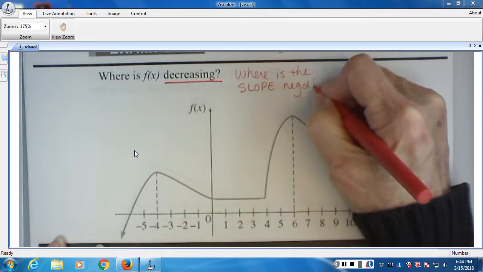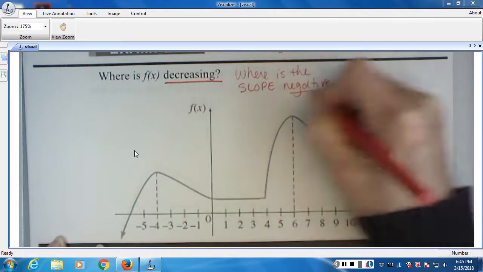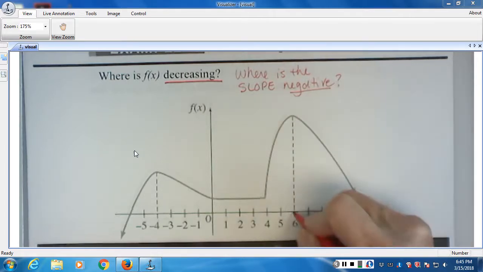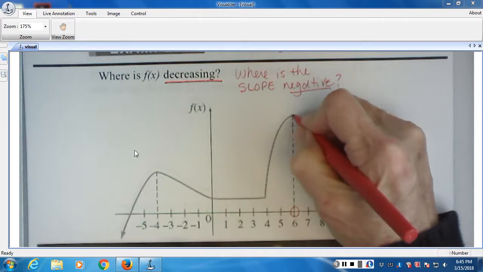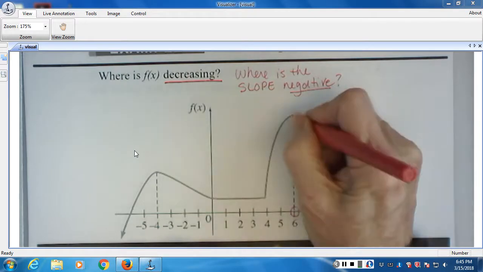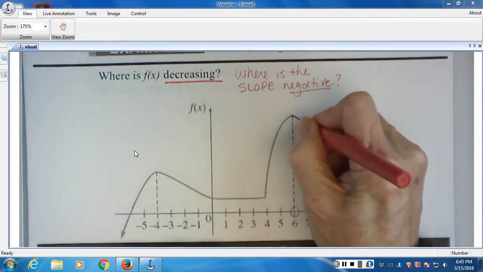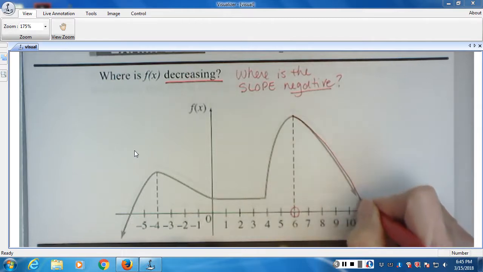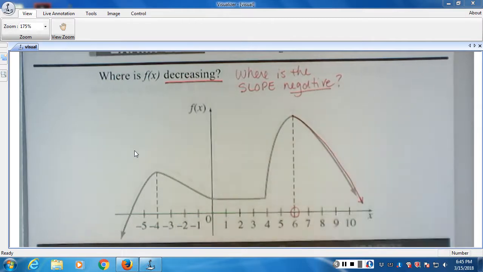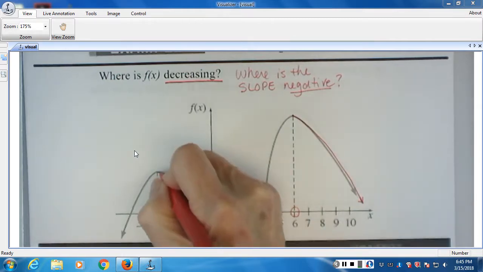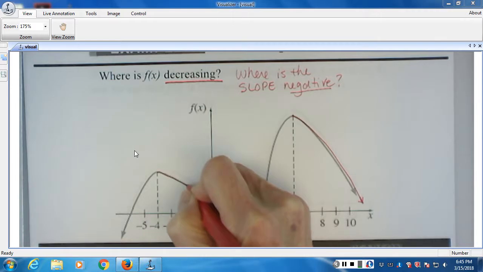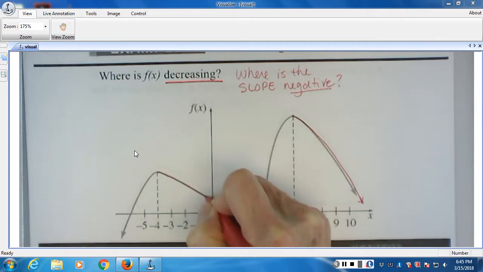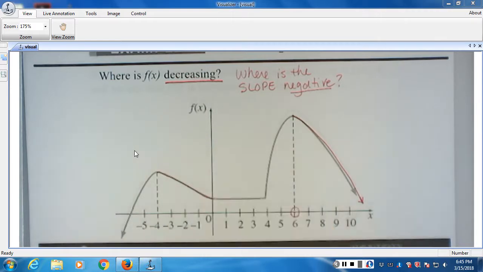Okay. Because at +6, we're up here, and from there it goes downhill. And from -4, we're going downhill, downhill, downhill, downhill, downhill, but we stop at 0.